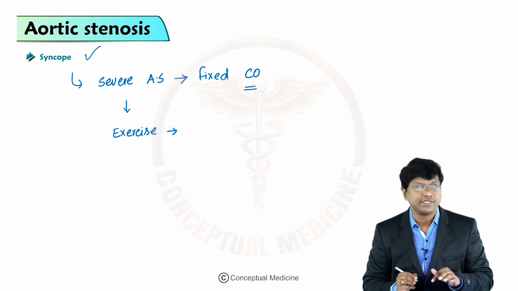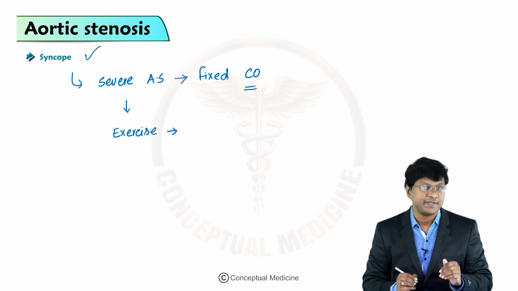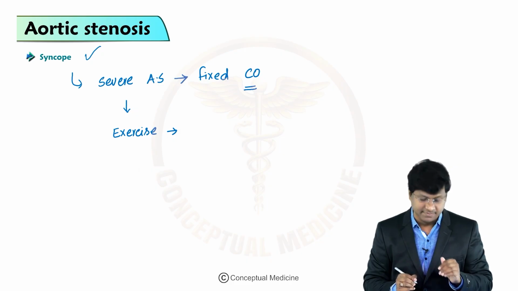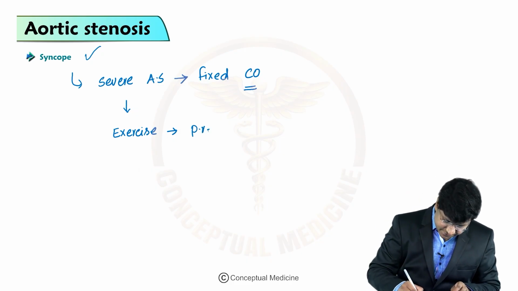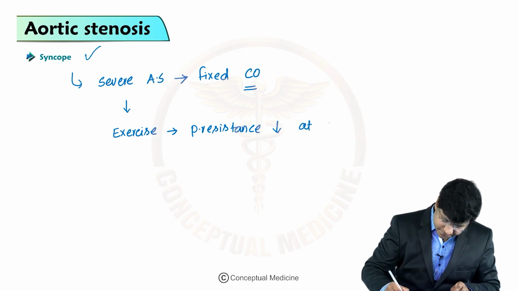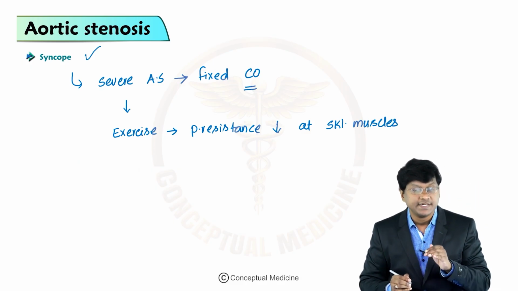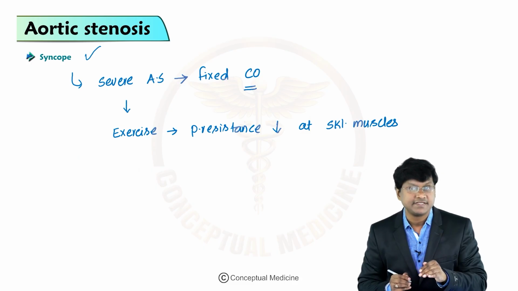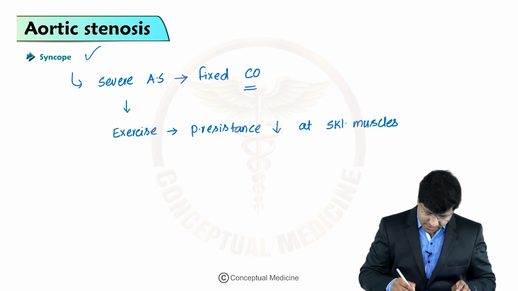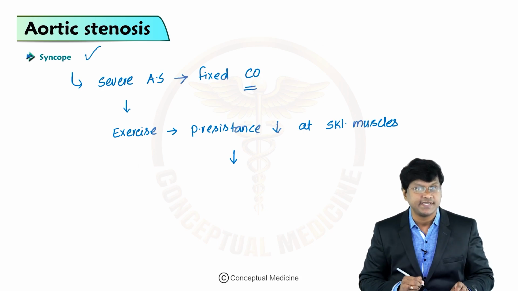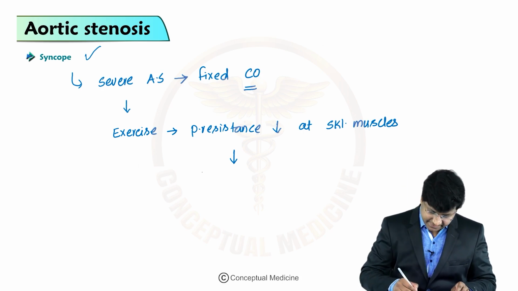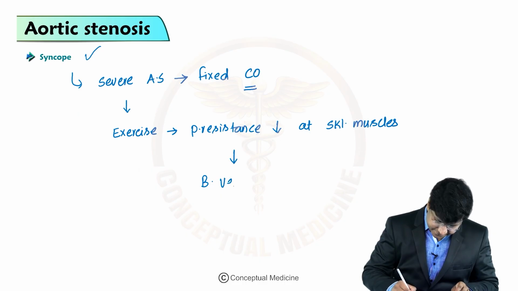If this individual is doing exercise, what will happen to the peripheral resistance at the blood vessels of the skeletal muscles? The peripheral resistance decreases at the blood vessels of the skeletal muscles. As the peripheral resistance decreases, the blood vessels get dilated.